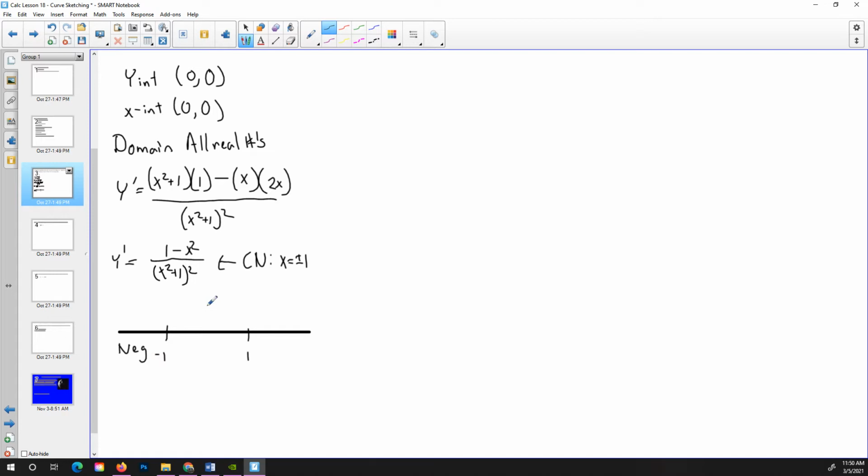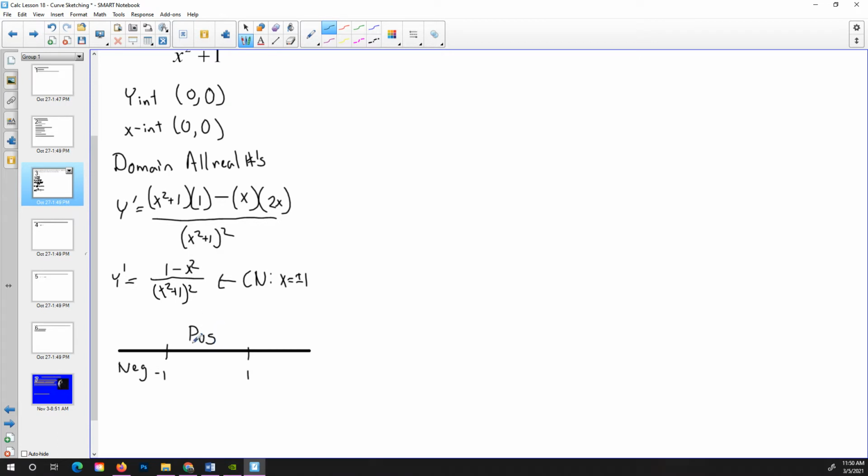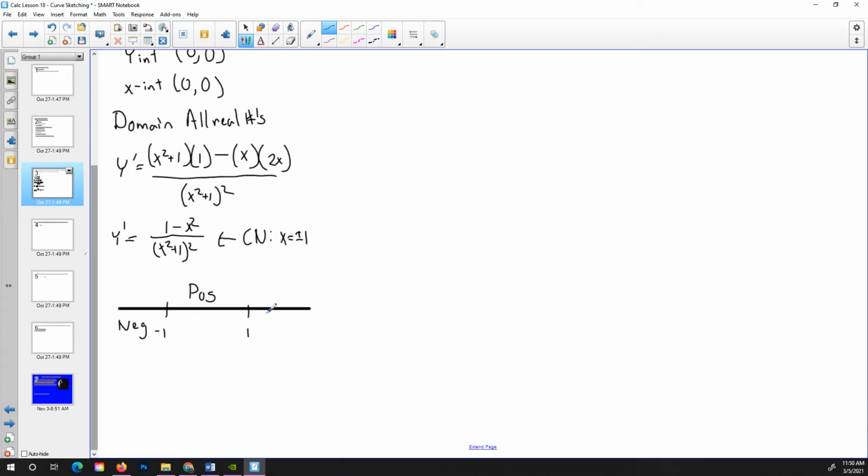I'm going to plug in 0. When I plug in 0, I get 1 minus 0, which is going to give me a positive value. The denominator is always positive. So over the interval from -1 to 1, this function is going to be increasing.